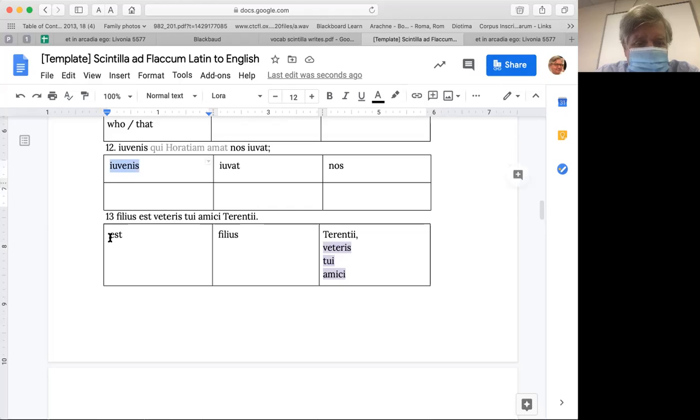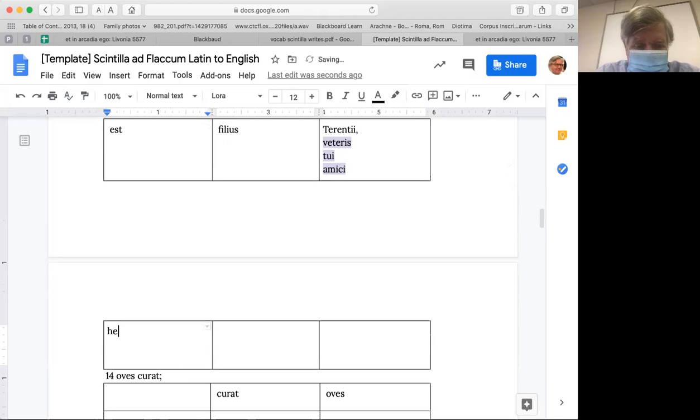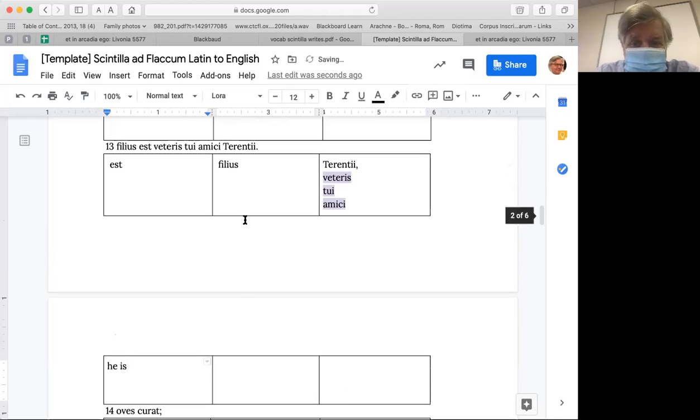So just he, est, so you would translate this, he is a filius of Terentius, so that's his father's name, Terentius in the genitive. And then he's described further as veteris tui amici, of your old friend.